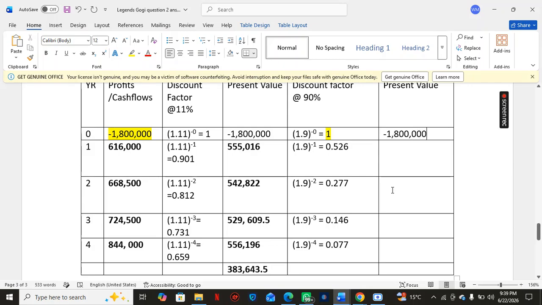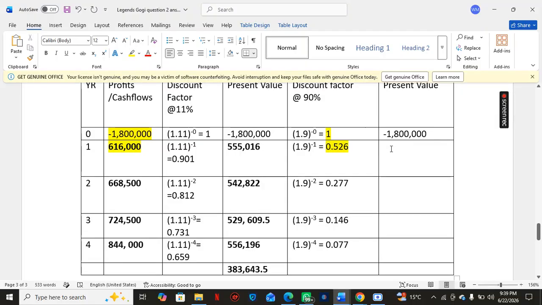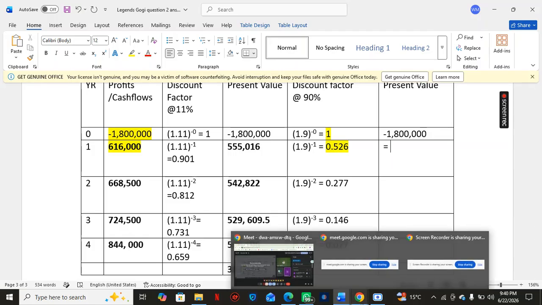Excuse me. 616,000 multiplied by 0.526. What do we get?